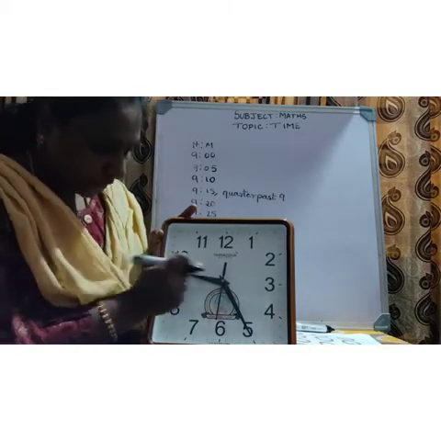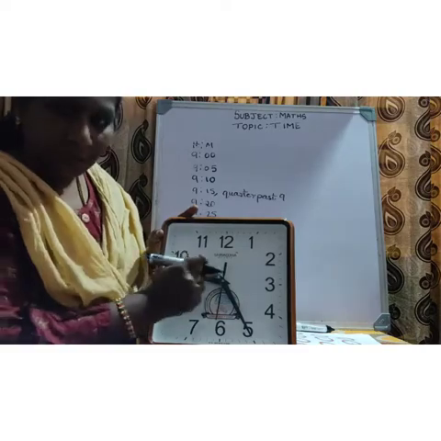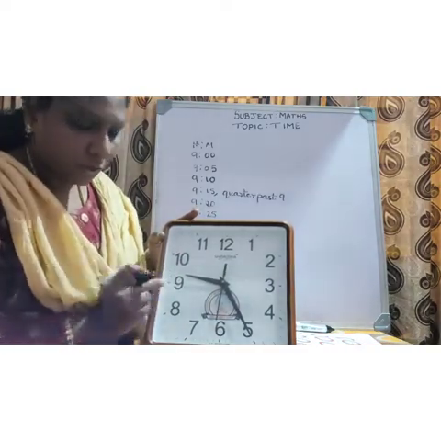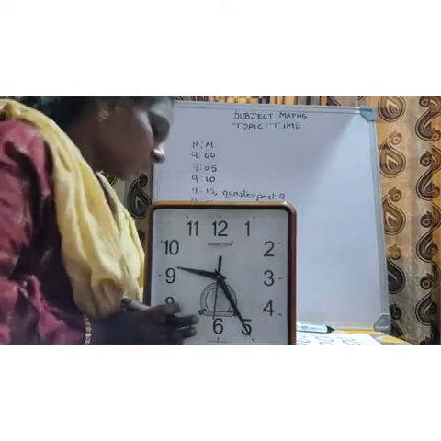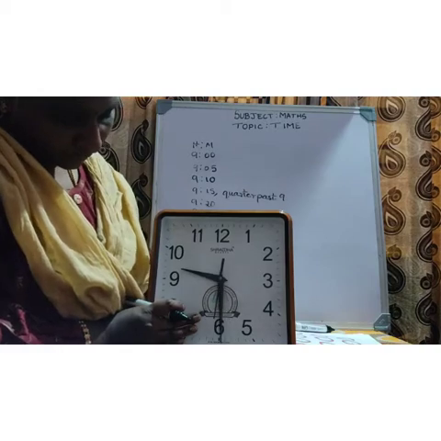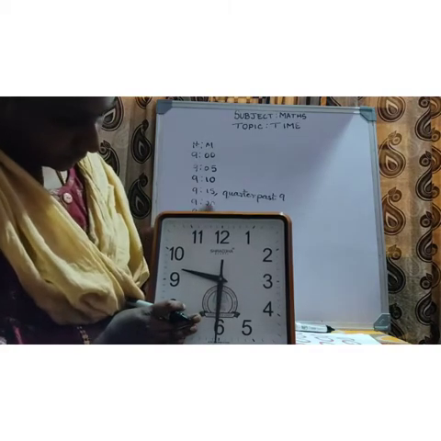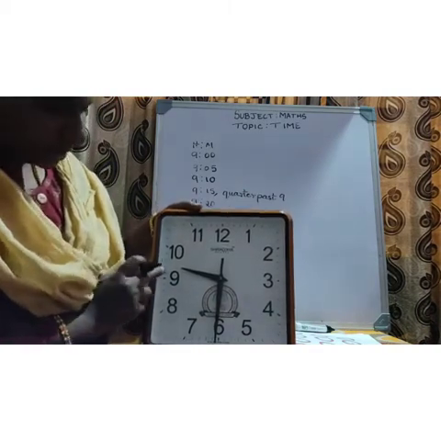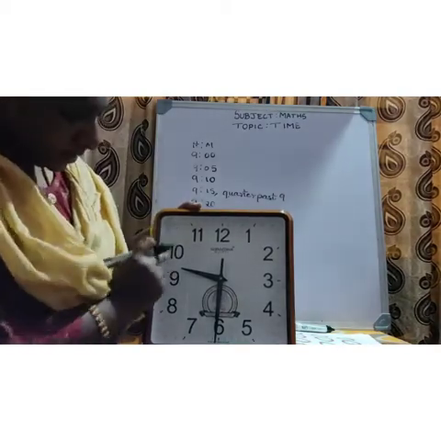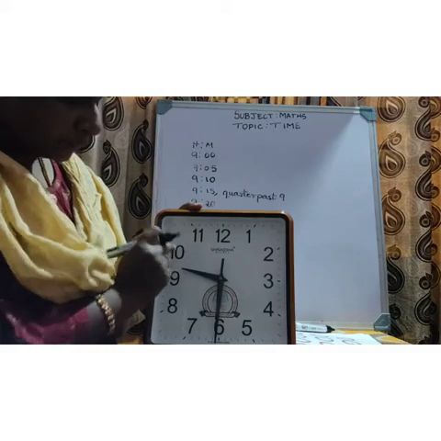It will be moving and it will be in the middle of 10 and 9. Understood children? See here, you can observe now. It is not at 9. It is in the middle, between 9 and 10.